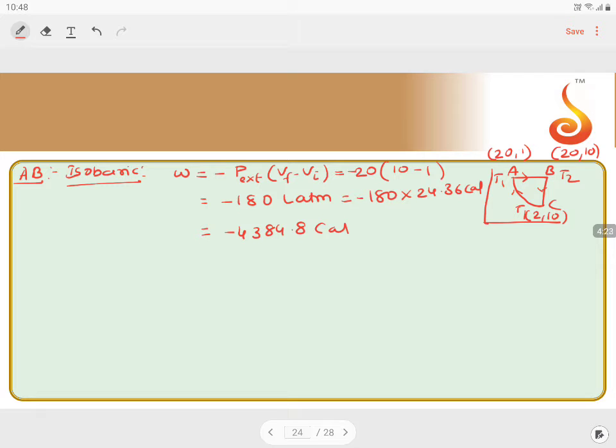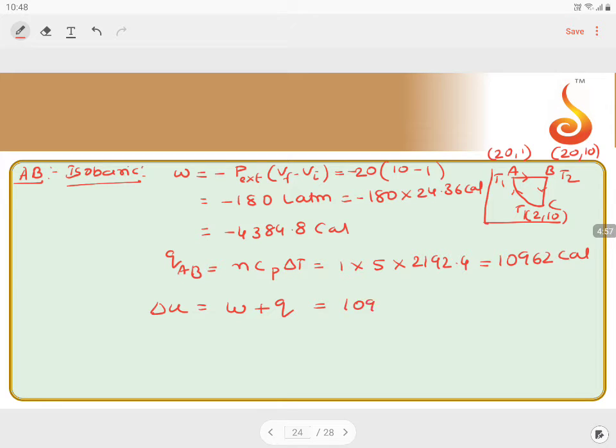Coming to the next one, Q. Q for AB will be equal to n Cp into delta T. Number of moles is 1, Cp is 5 calories, delta T we know is 2192.4, which gives 10962 calories. So the total delta U is W plus Q, which is 10962 minus 4384.8, which gives you 6577.2 calories.